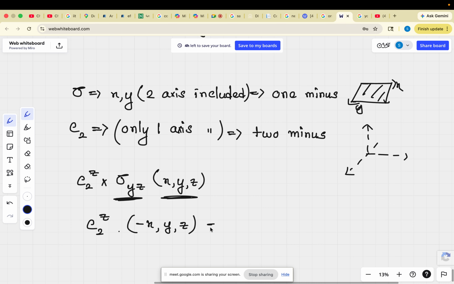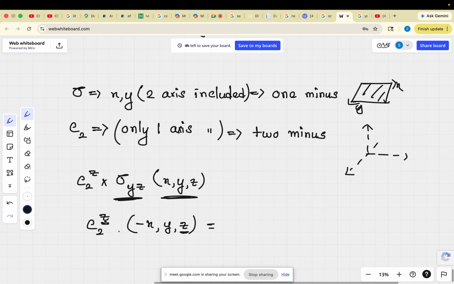Clear? Now if you apply C2z on this minus x, y, z, along which axis are you rotating? Z, right? So in z you cannot change anything; z will remain the same. The other two axes you have to change with a minus sign.